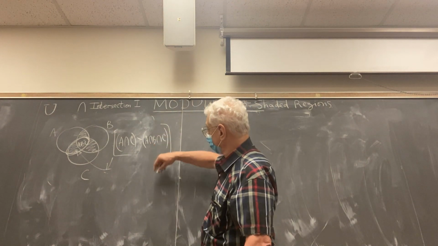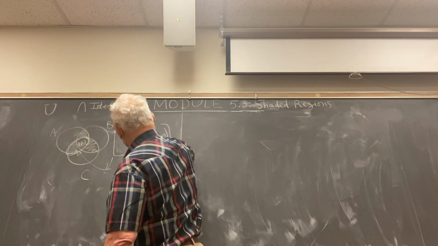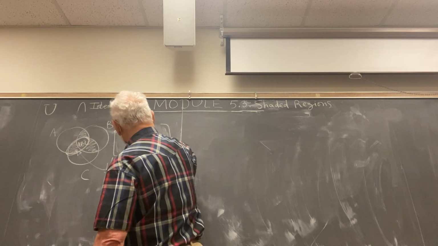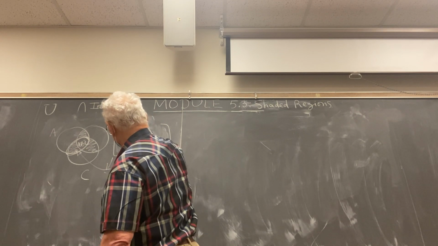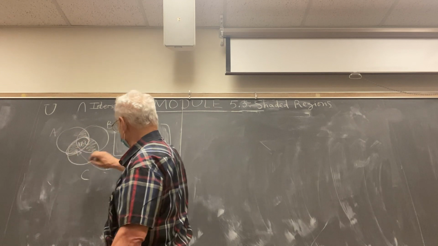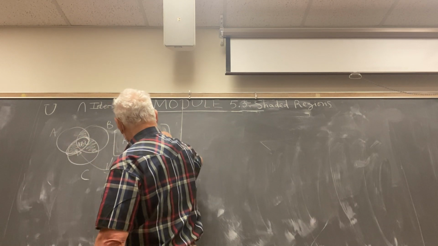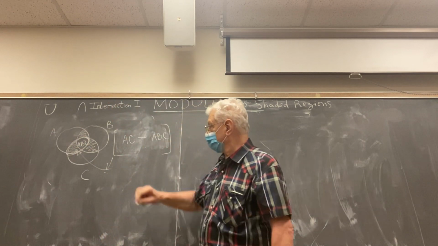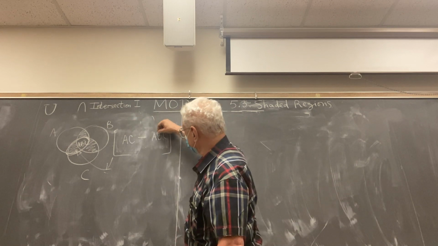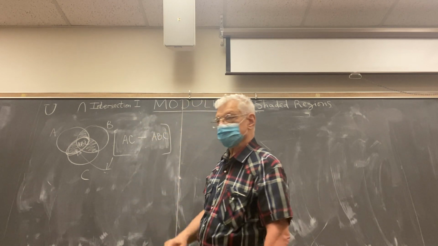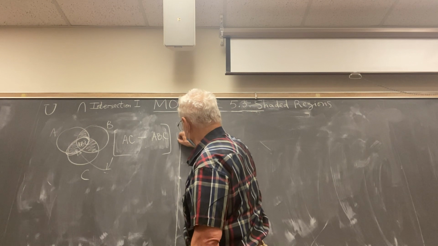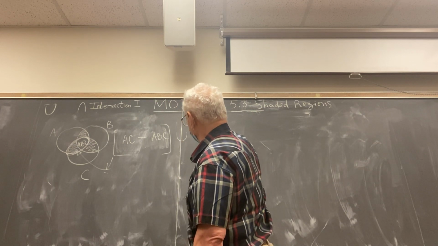Let's do the following, maybe it will be easier to remember. You take AC, meaning the common part in C, minus ABC. But you have to write intersection, intersection, intersection. After that you write union. The same thing.